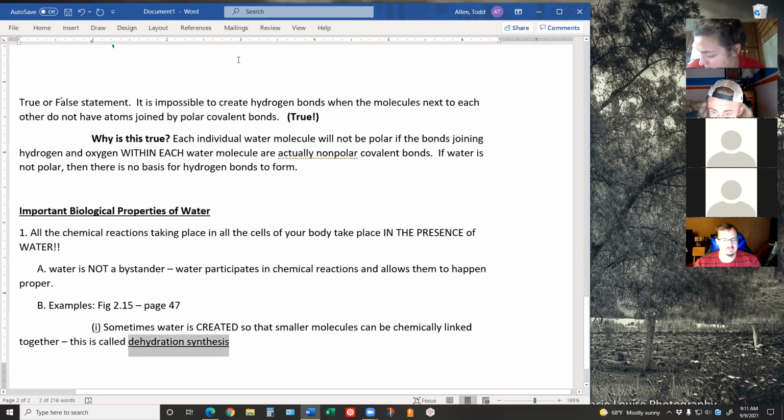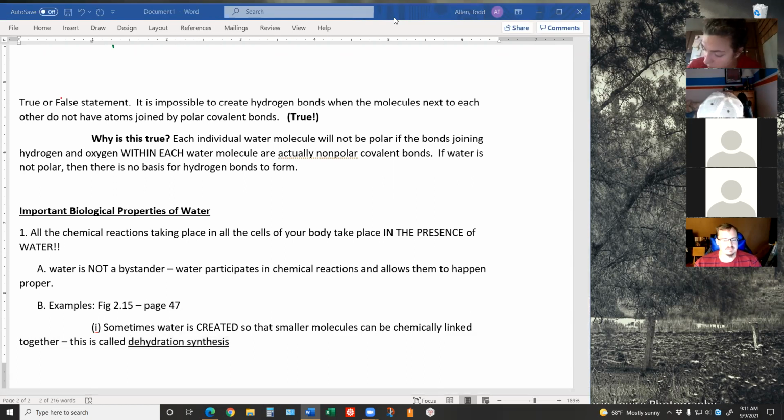So just to get everybody participating here, figure 2.15, what molecule is formed through dehydration synthesis? Can you type that into the chat window?